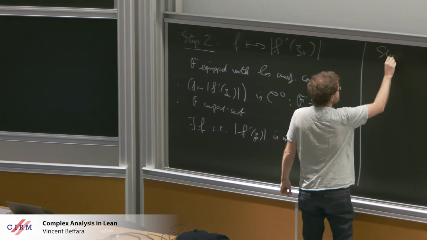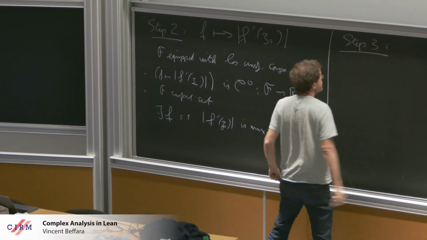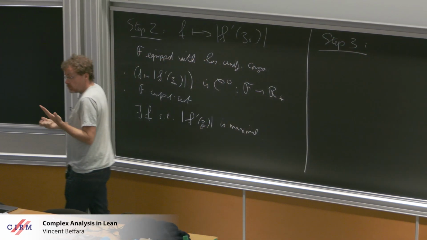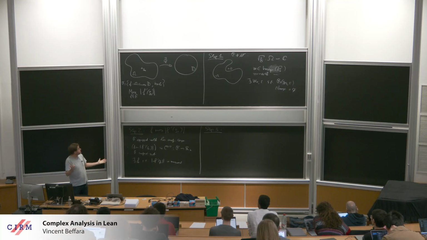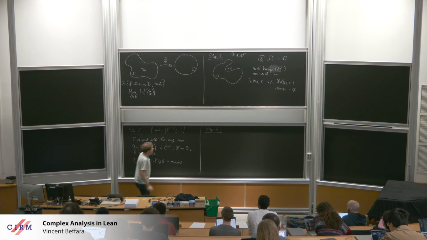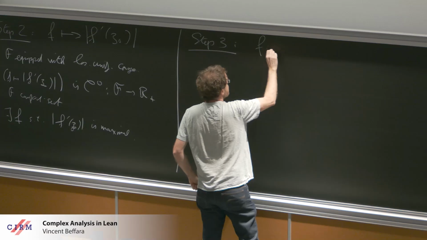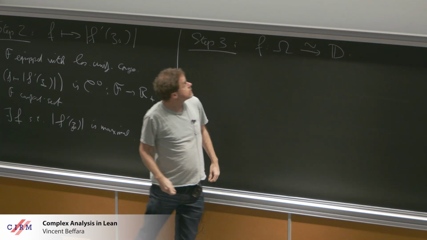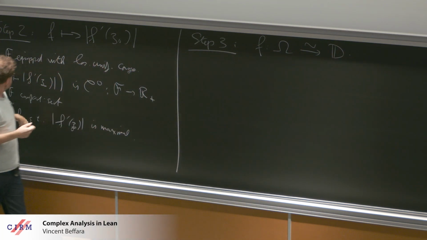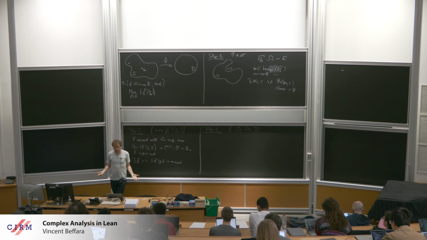Okay, in step 3, what you want to do is to show that this particular function f is actually a conformal map between omega and the unit disk. So it is an element of F, so it's holomorphic.